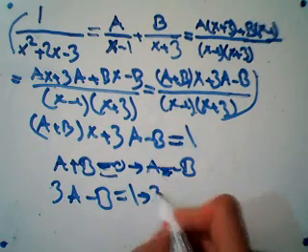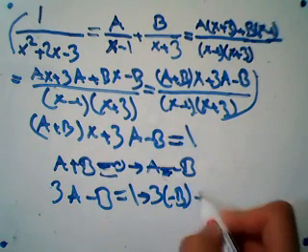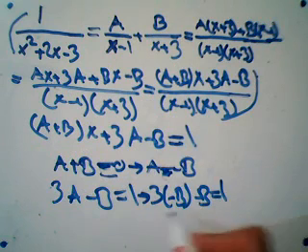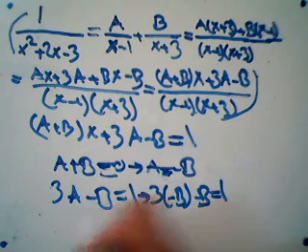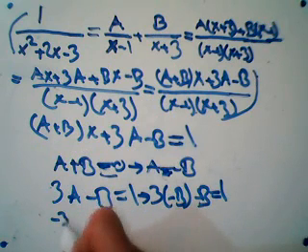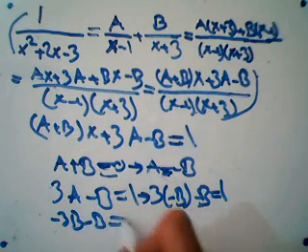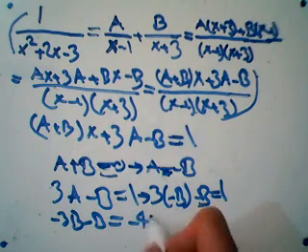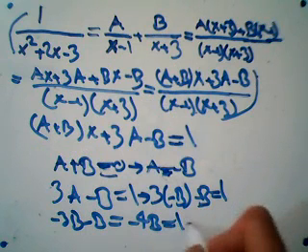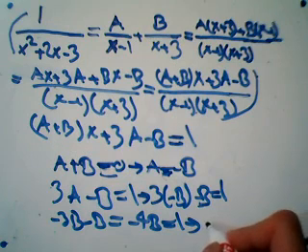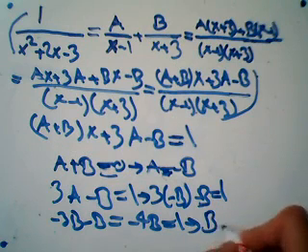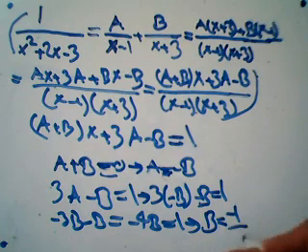That would be 3 times minus b minus b equals 1. So this is minus 3b minus b, which is minus 4b, and this is equal to 1. Now divide both sides by minus 4. Then b would be equal to minus 1 over 4.